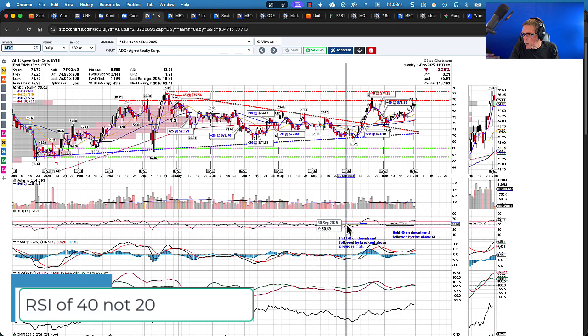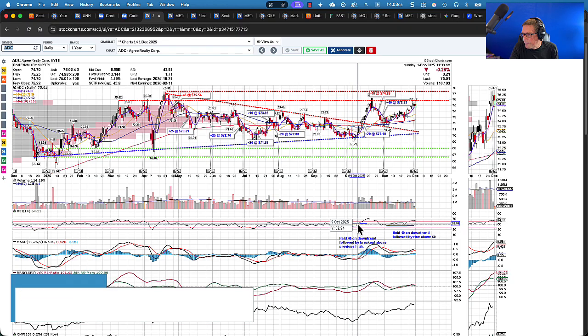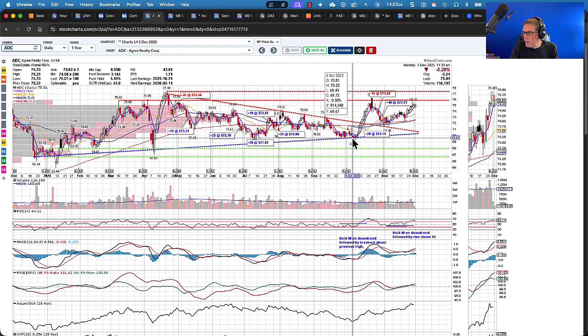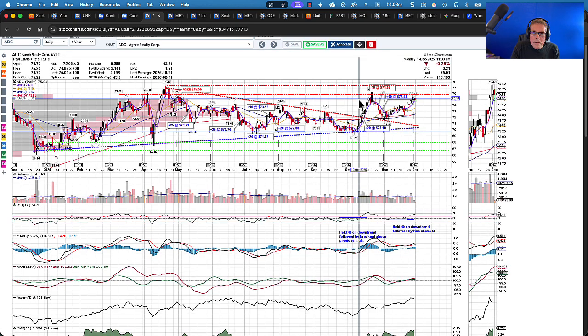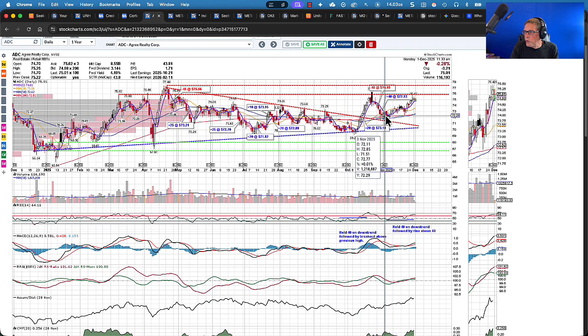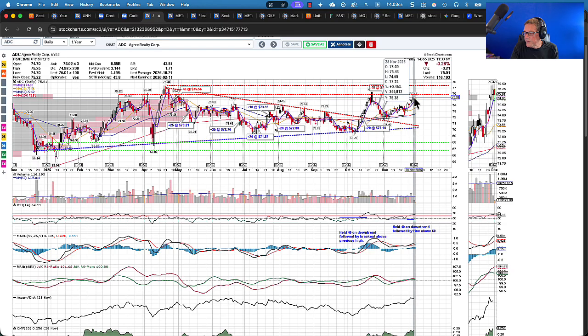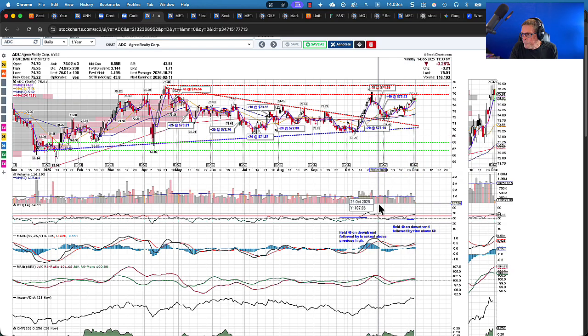And then when it broke out above the previous high, you can really see that it went on a run of about 7 or 8%. It pulled back and is retesting that level once more.